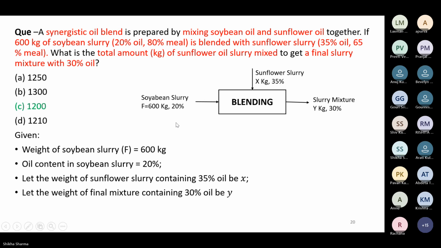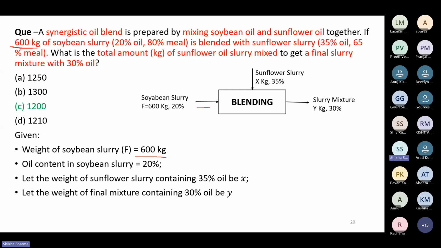What we are doing here: it is given that the weight of the soybean slurry is 600 kg.